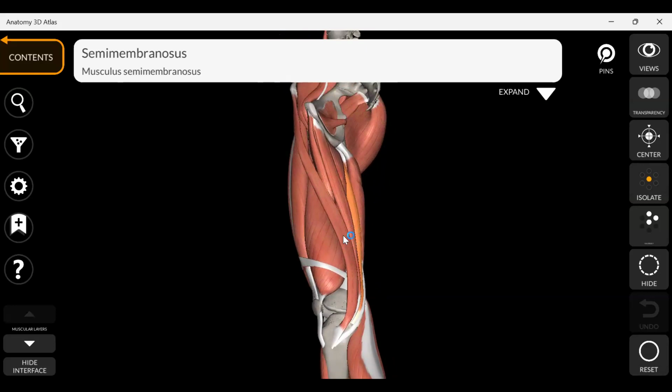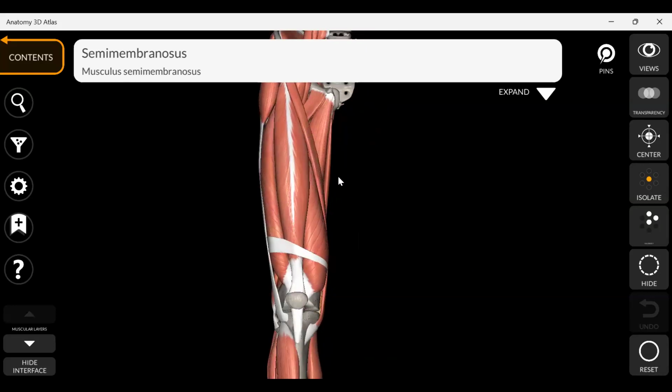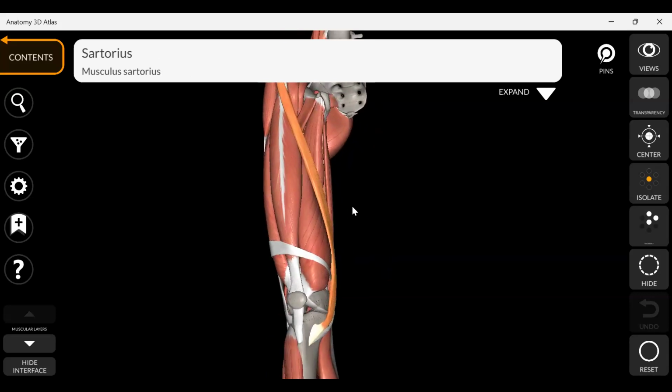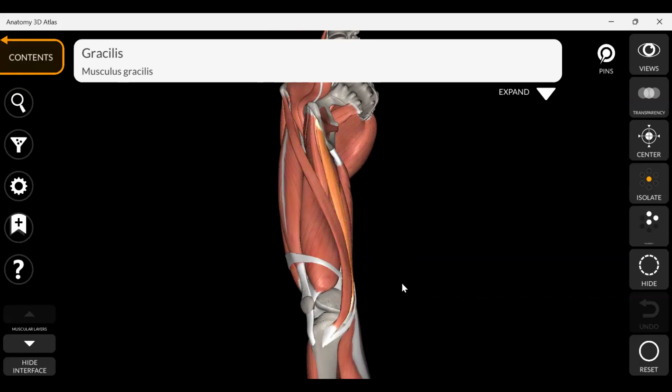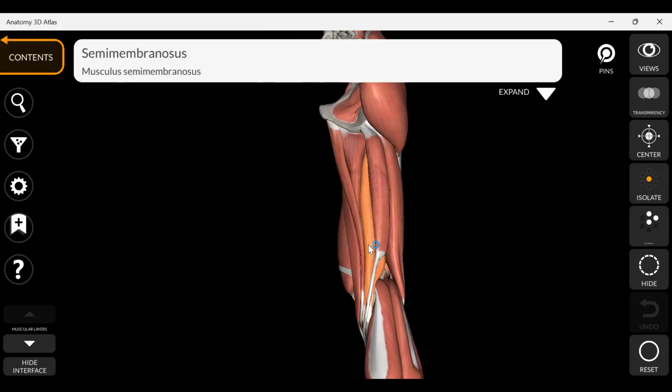So it is a very surprising structure. That is one muscle from the anterior side, that is the sartorius, one muscle from the medial side, that is the gracilis, and one muscle from the posterior side, that is the semitendinosus, not semimembranosus, this is semitendinosus.